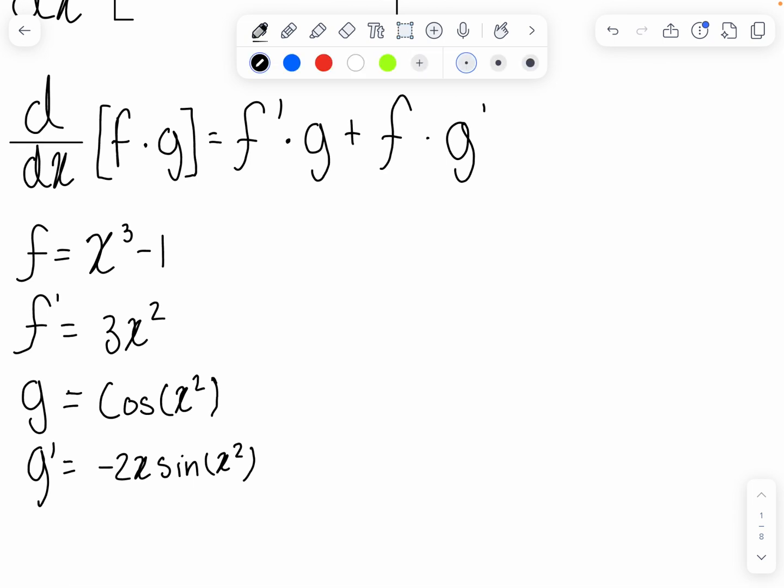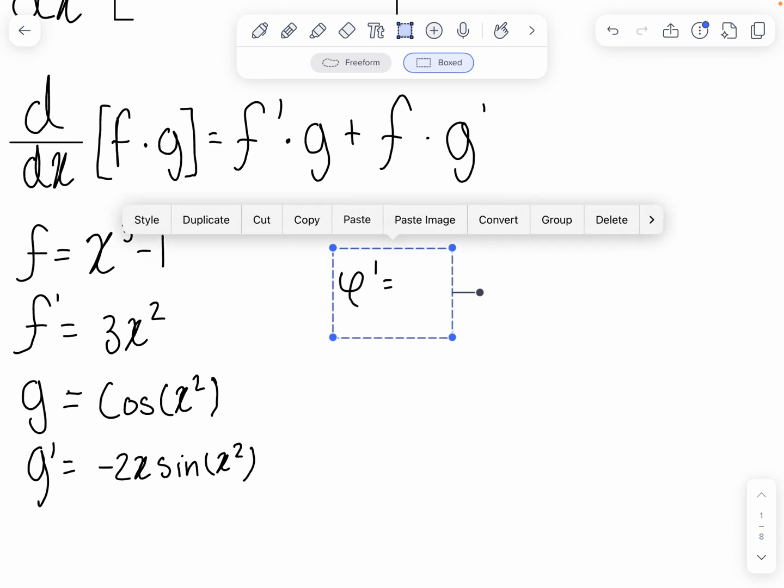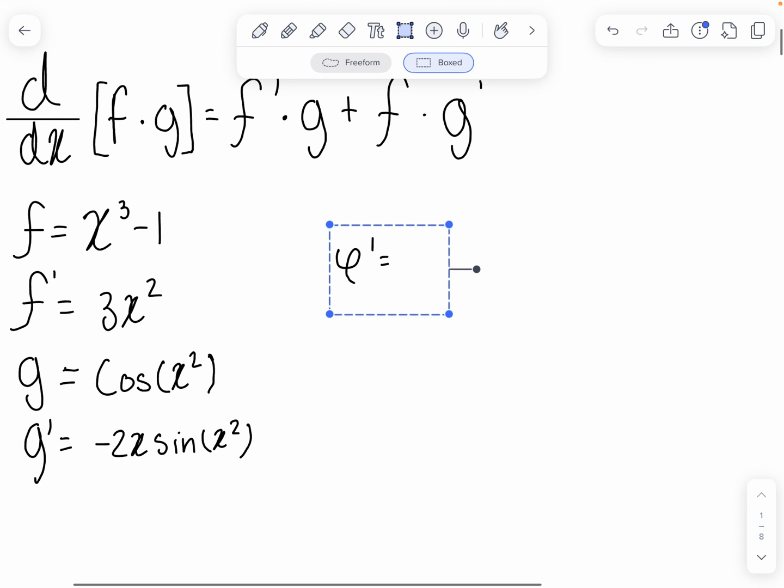Okay, so for the top, I'm going to denote this entire thing with a Greek symbol, since writing it out is going to take really long. This just represents the function, and we're just finding the derivative of phi, however you say it.